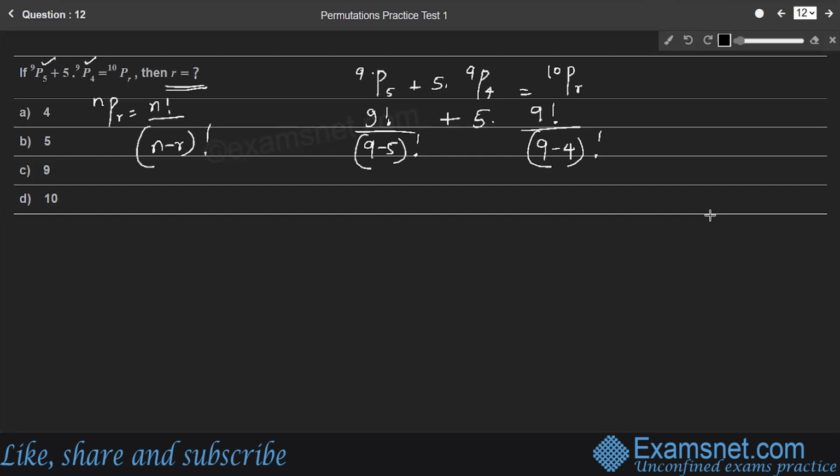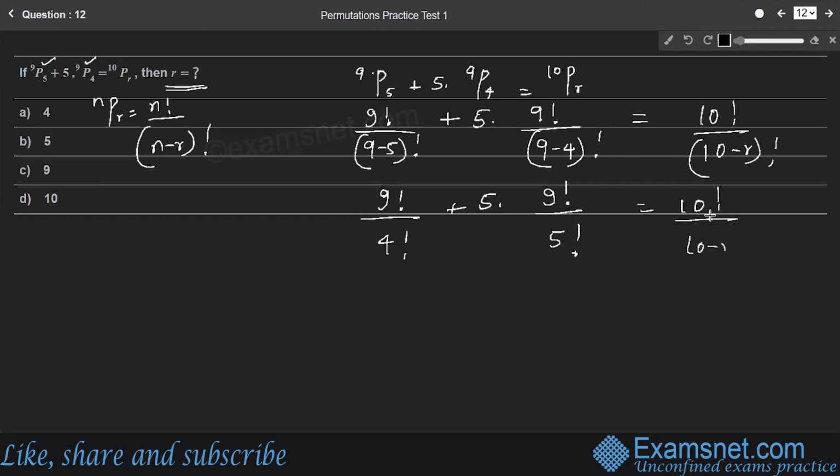The right hand side becomes factorial 10 divided by factorial 10 minus r. Simplifying, factorial 9 divided by factorial 4 plus 5 into factorial 9 divided by factorial 5 is equal to factorial 10 divided by factorial 10 minus r.